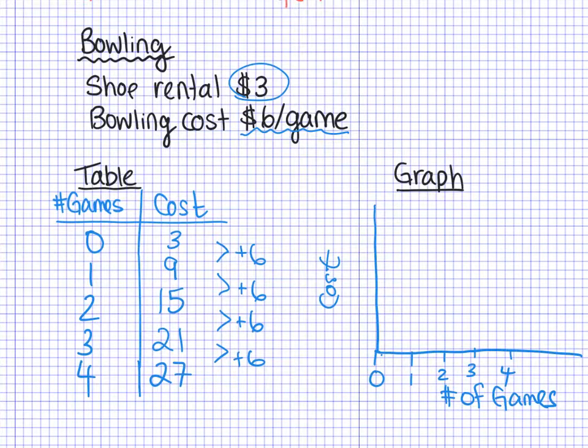Okay, so we're going up by 1s on the bottom here, and then for cost, I see that I have to get all the way to 27.